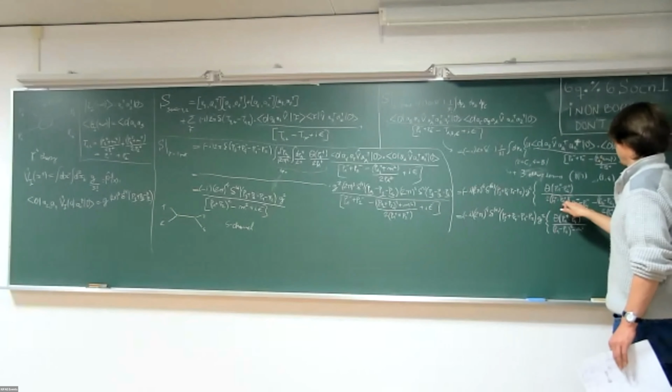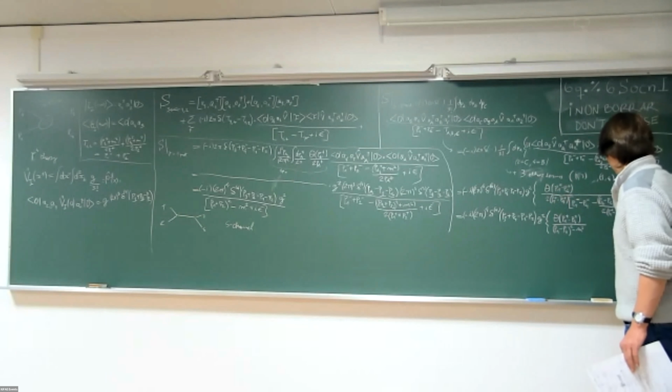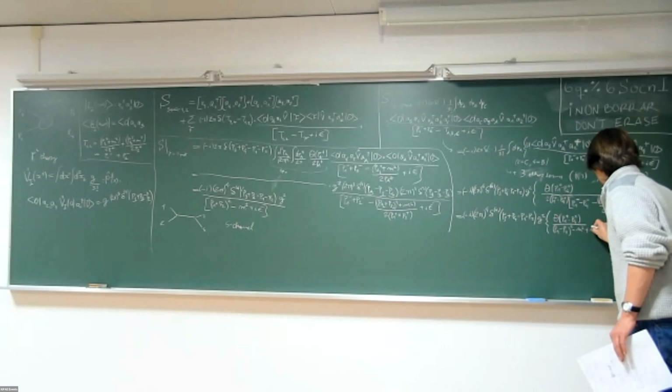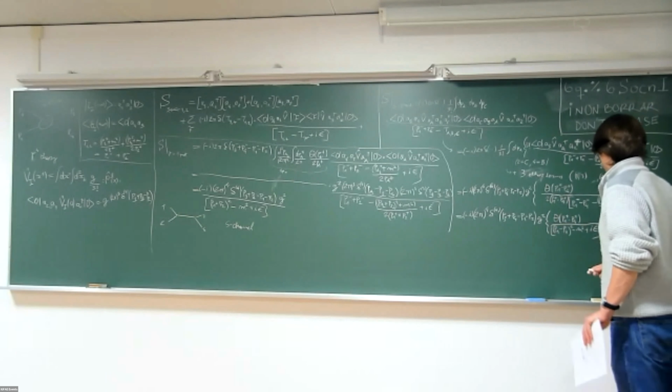And since this guy is supposed to be positive, we can also multiply by epsilon and we still keep epsilon. That will be the result for that contribution.